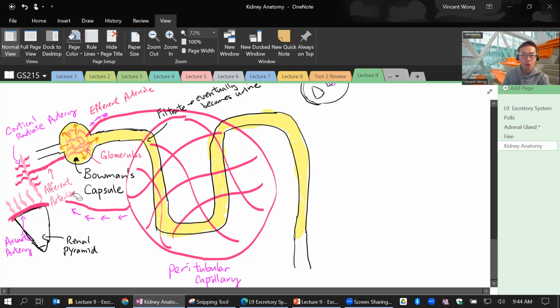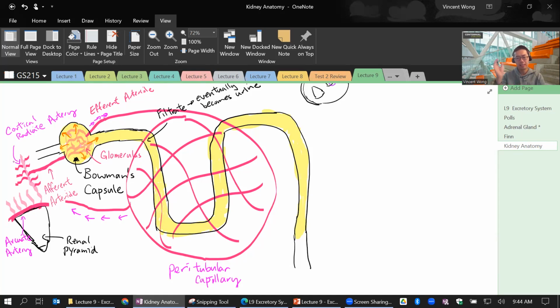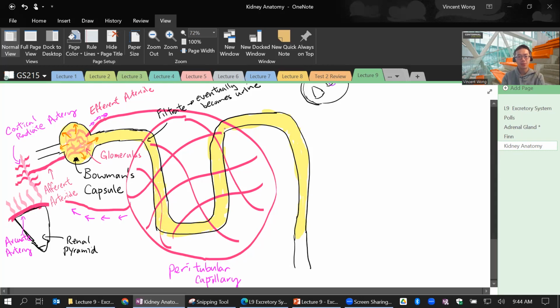And afterwards, it will just go back out through the counterparts of the arteries. So cortical radiate vein, arcuate vein, and so on and so forth. We'll label it in the diagram after the break again, and it will probably make even more sense.